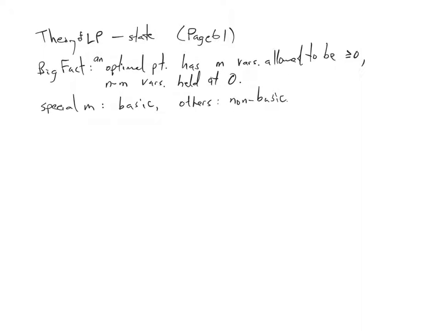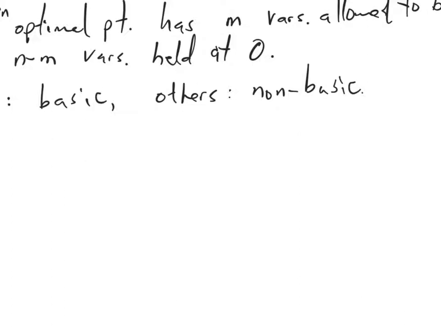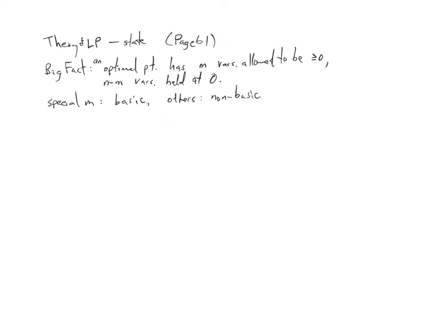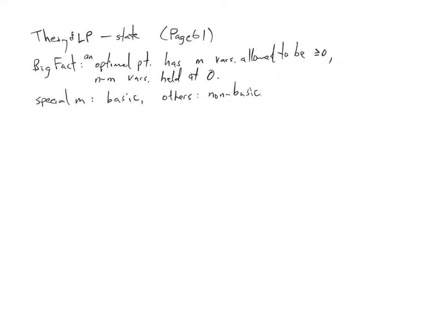So when we say an optimal point, it means if there is one, of course. Okay, so that's just a deeply profound fact. Whoops, sorry about that. What happened there? Rescaled the world. Okay, so that's a really important fact.